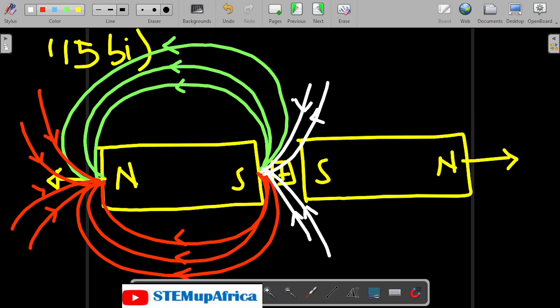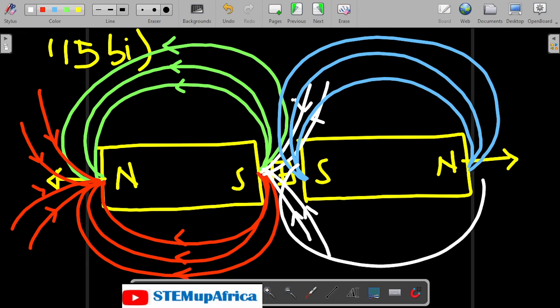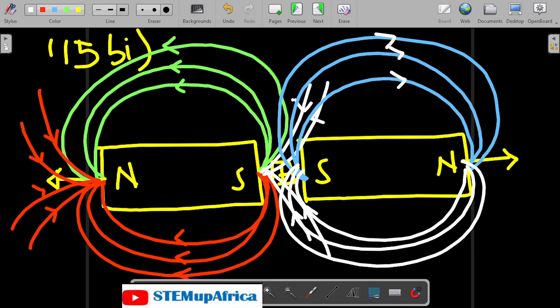So we do the same for the other. Here I'm going to have, make sure you space them. It's just a rough work. It shouldn't be touching each other. Then here the other one will go this way. So the flow like this.